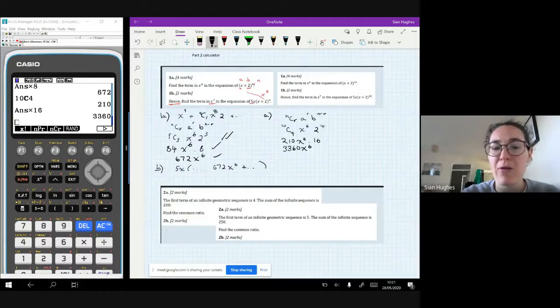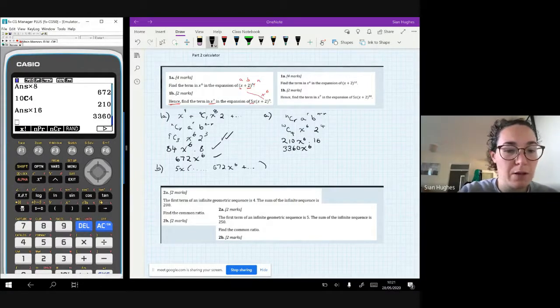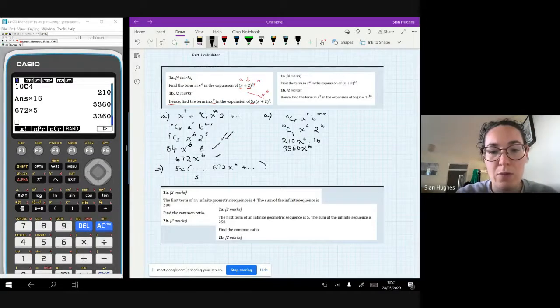We're not bothered about the rest of the content of that bracket. So all we need to do is multiply our 672 times 5, and we get 3360 x^7.